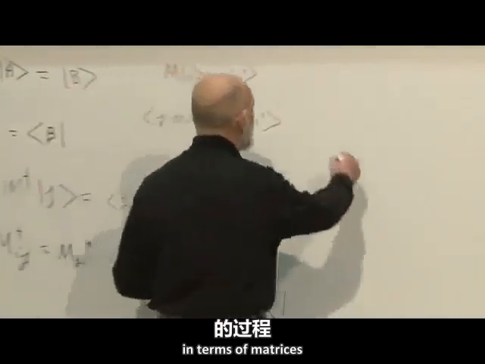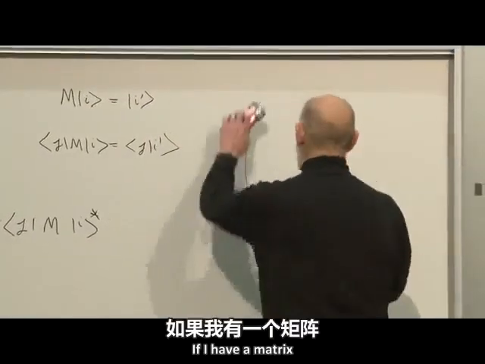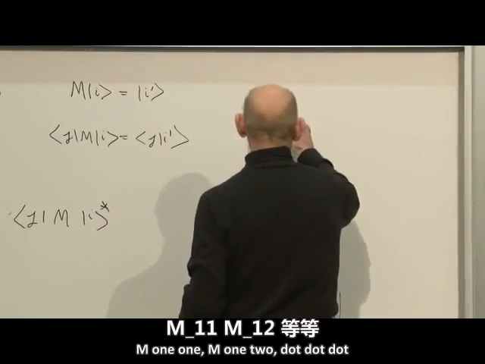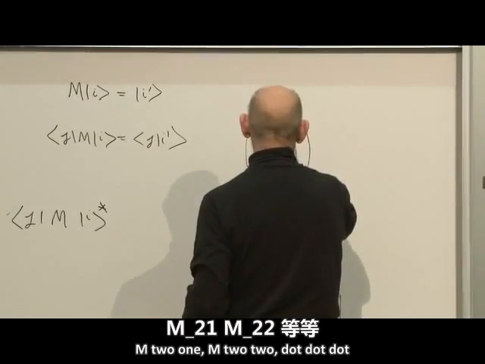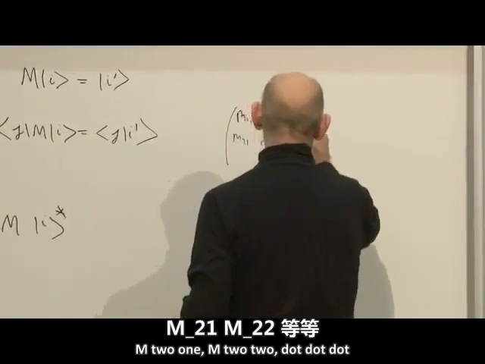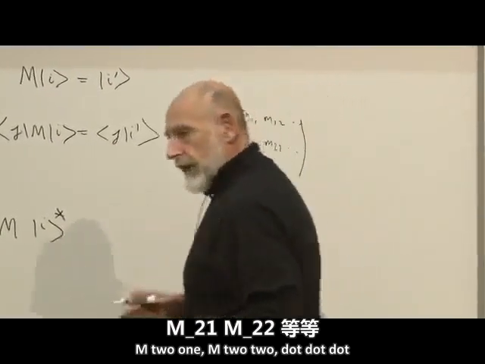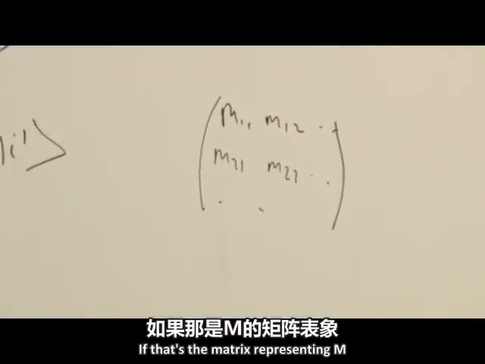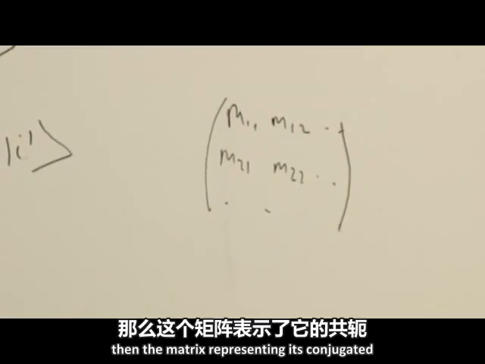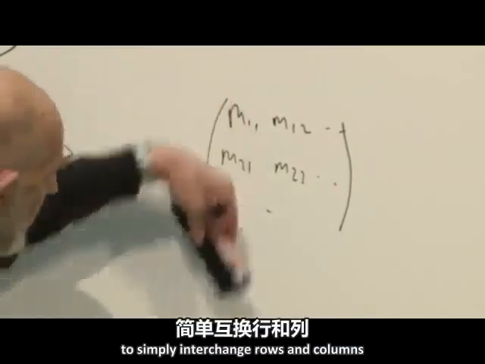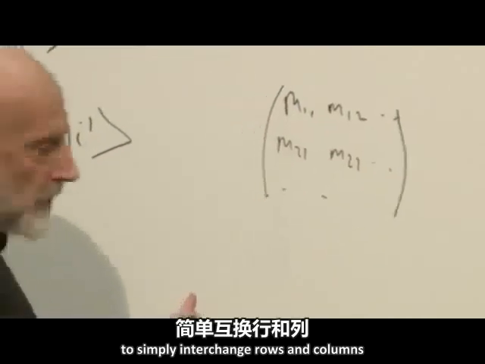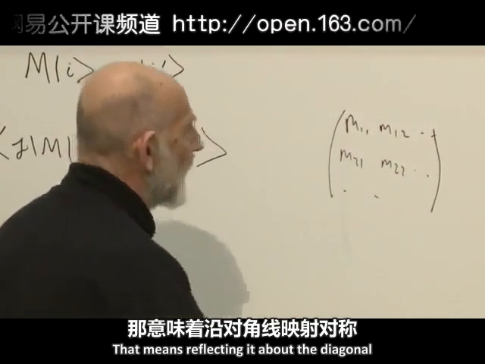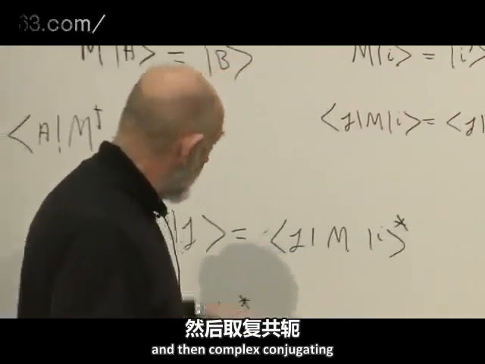In terms of matrices, this is an easy way to remember it: M11, M12, dot, dot, dot, M21, M22. If that's the matrix representing M, then the matrix representing its Hermitian conjugate is to simply interchange rows and columns. That means reflecting it about the diagonal and then complex conjugating.